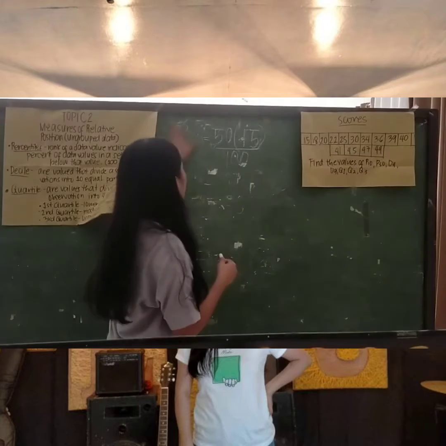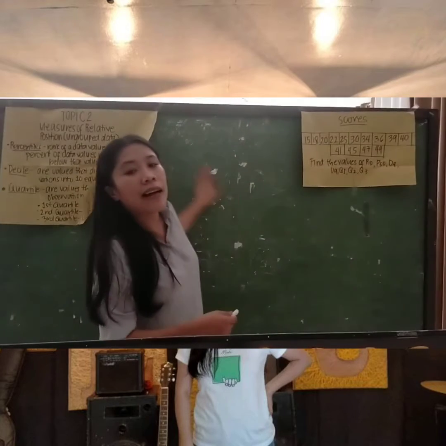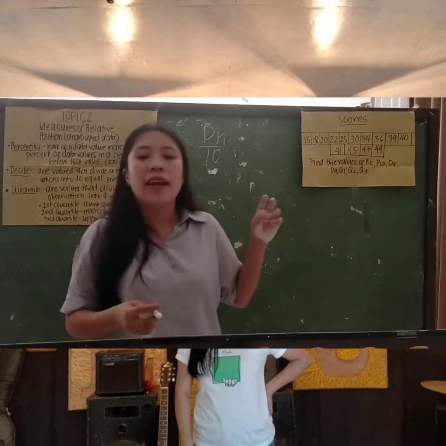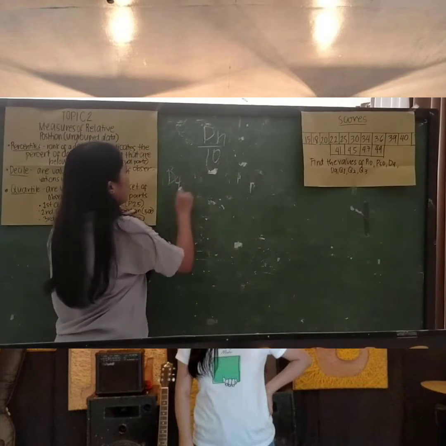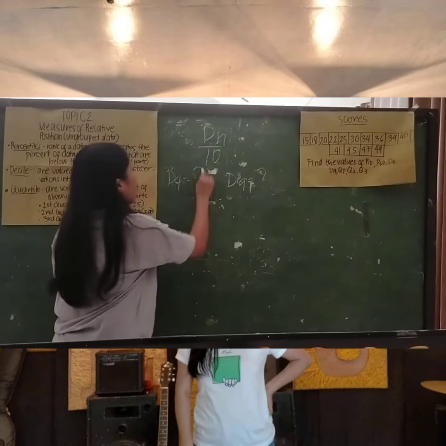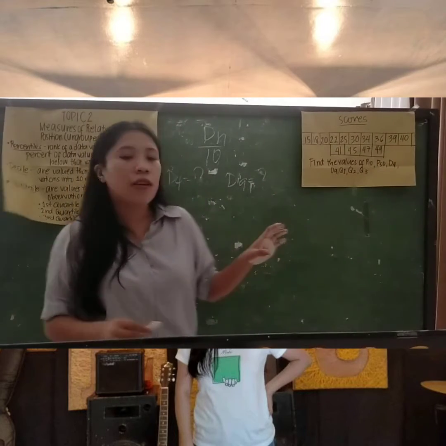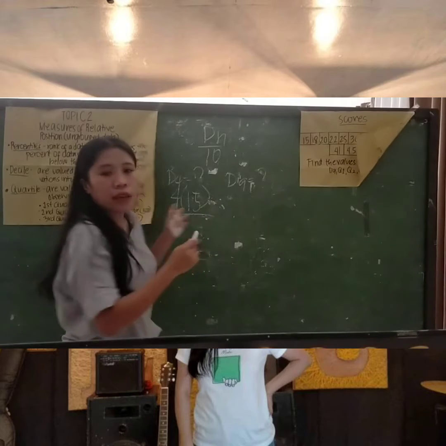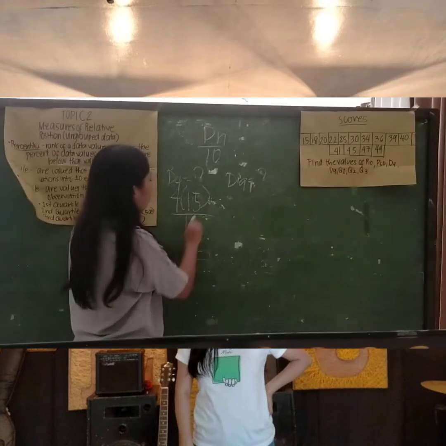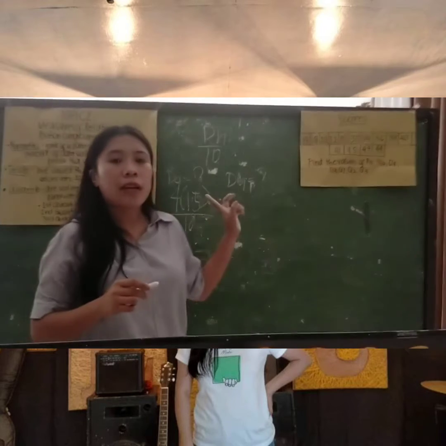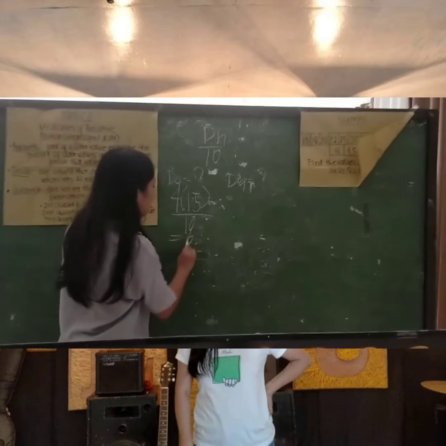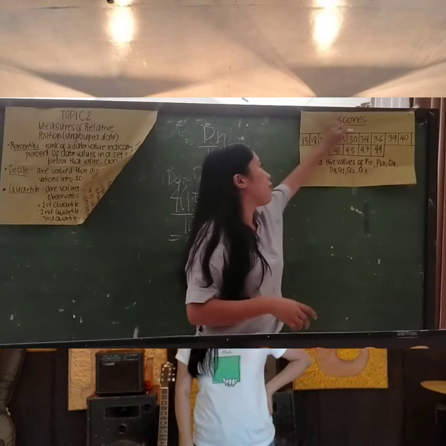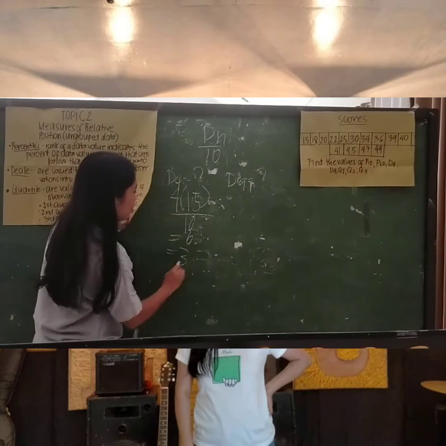Now let's find the deciles. To get the decile, the formula we use is Dn over 10. We are looking for D4 and D9. For D4, we take the 4, and our n is 15 because we have 15 scores, over 10, which is the constant. Solving 4 times 15 over 10 gives 6. The sixth score is 1, 2, 3, 4, 5, 6, so our D4 is equal to 30.